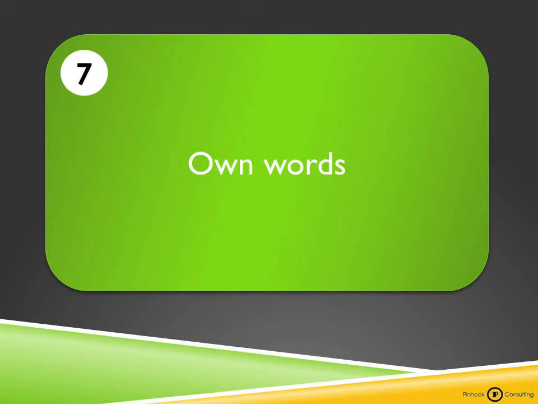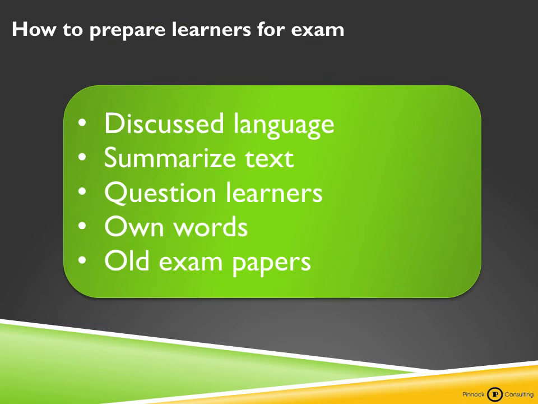Just a couple more helpful hints on how to prepare our learners for a literature exam. While reading the text, make sure you discuss the language with the learners so that they don't get lost. Also assist the learners to summarize the text so they fully understand the content. Constantly question the learners on the text to test the understanding, and then expose them to different types of questions throughout the time that you're dealing with the text.